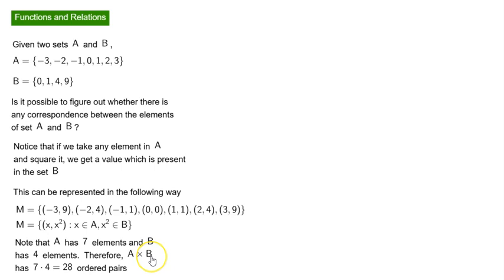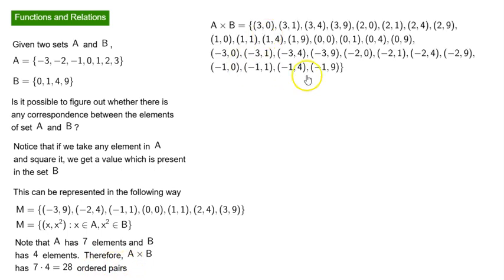Therefore, A times B, that is the Cartesian product of A and B, has 28 ordered pairs. So we can explicitly write out the Cartesian product. Just follow it like this: (-3, 0), (-3, 1), (-3, 4), (-3, 9), (-2, 0), (-2, 1), (-2, 4), (-2, 9), and so on.